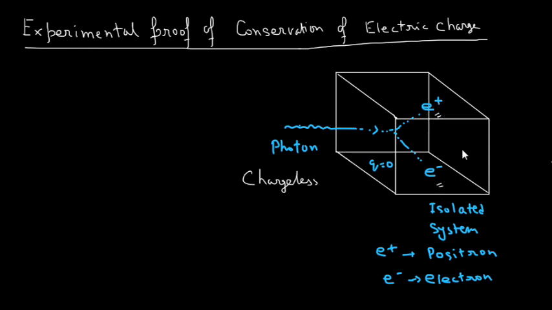After these pairs are produced, the net charge of the isolated system is 0 because the charges on the electron and positron are equal but opposite.